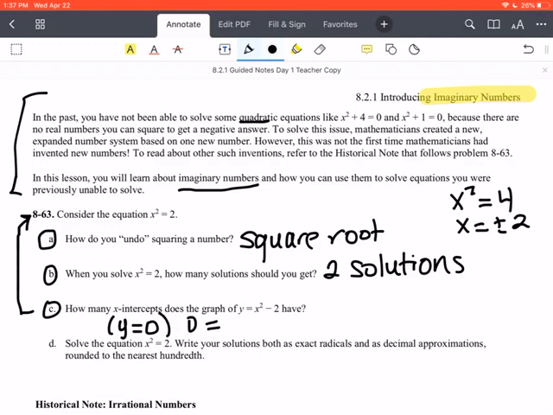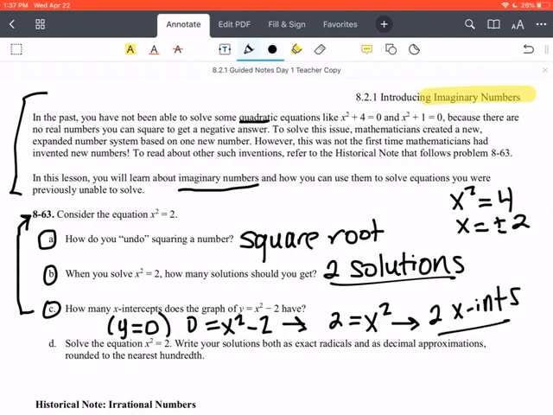So if we do 0 equals x squared minus 2, and then move the 2 back over by adding it, we have 2 equals x squared. If I solve this, I am going to get how many solutions? We said 2 solutions, so really these solutions are x-intercepts. So 2 x-intercepts are going to result when we take the square root. In an equation, when you take the square root, you consider the plus or minus case.